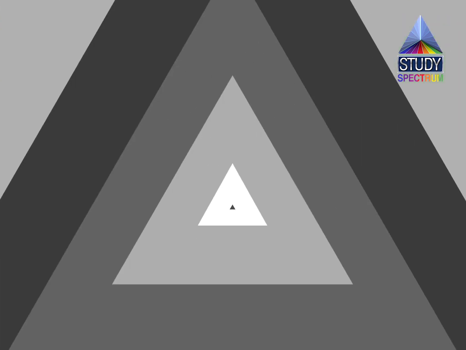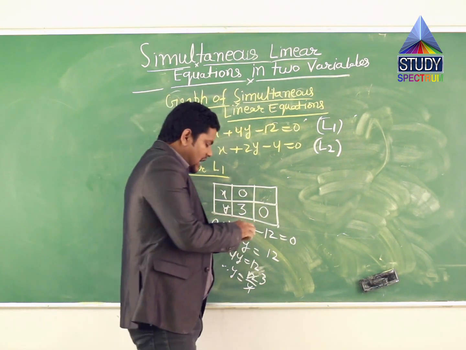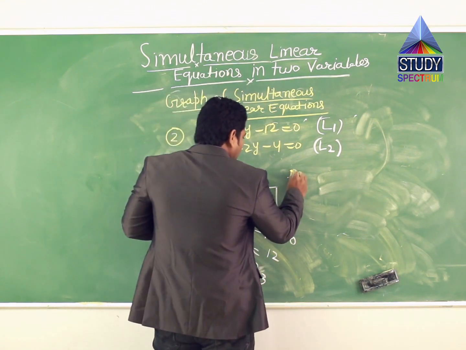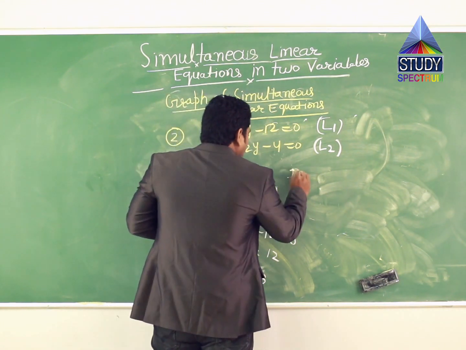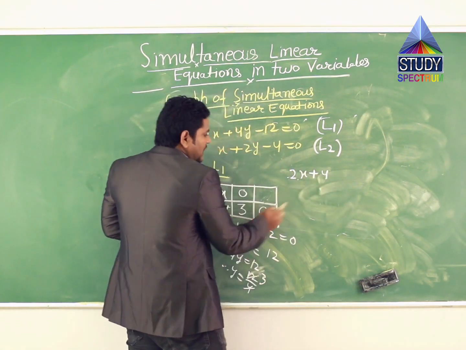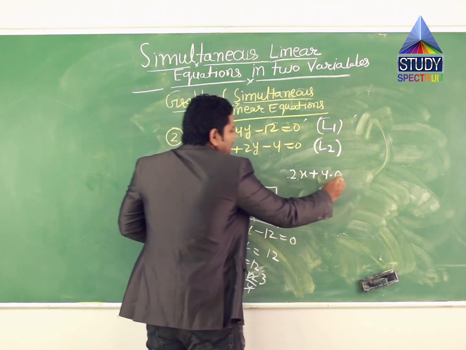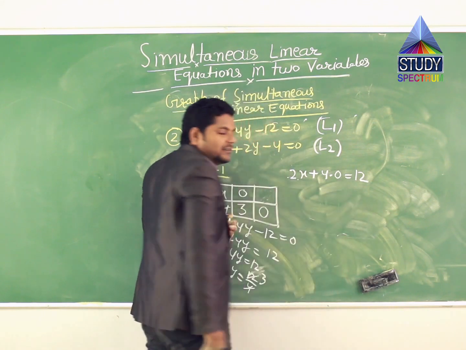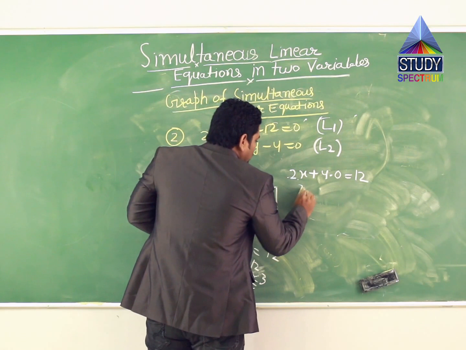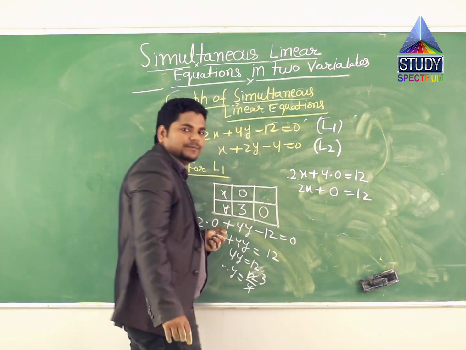Now to get the second point, we'll put y equal to 0 and get the corresponding x. So 2x plus 4 into 0 minus 12 equals 0, and on the right hand side it becomes plus 12.